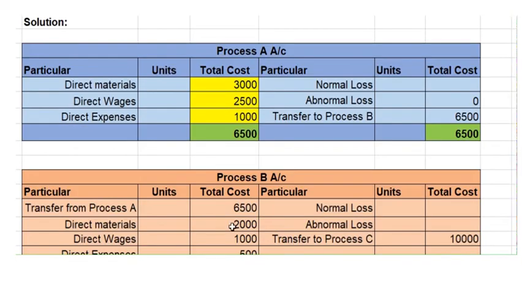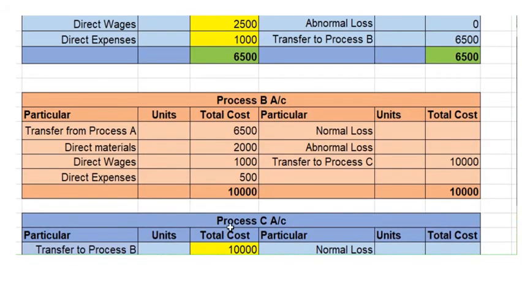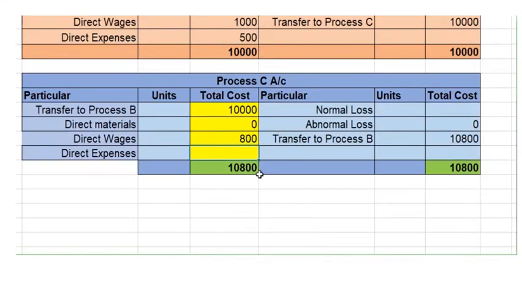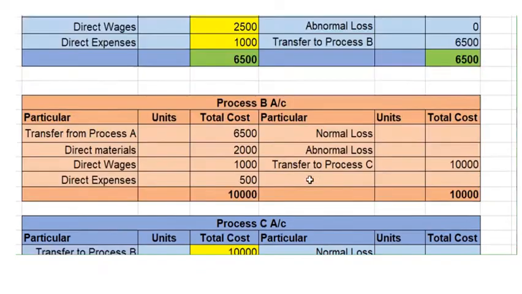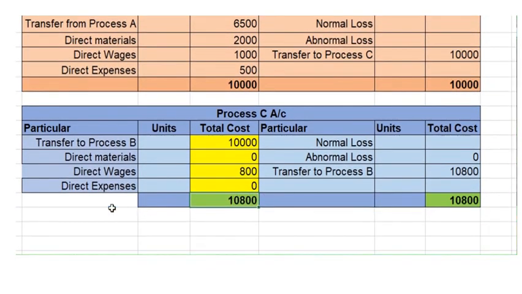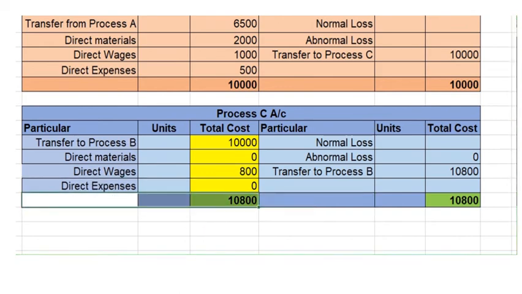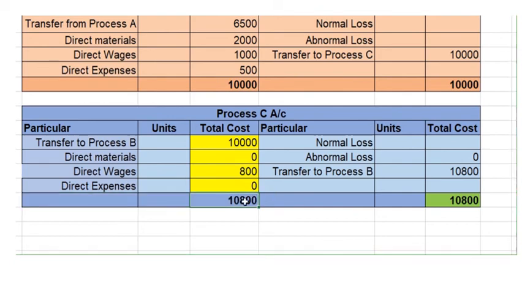Direct materials is 0. Direct wages is 800. Direct expenses is 0. The total on the left hand side is 10,800.